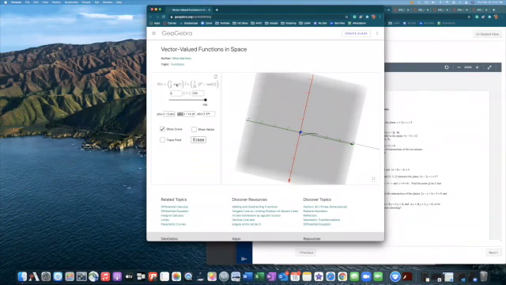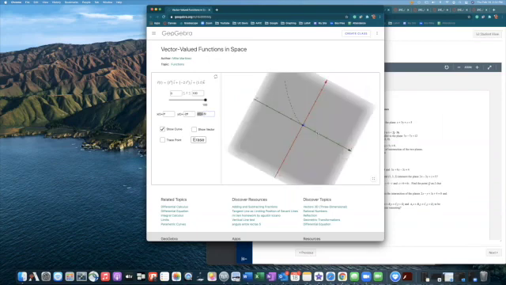So if we make r of t this function here: x of t is t cubed, and then y of t is 2t squared, and then z of t is 5t. And then let's move this around a bit.